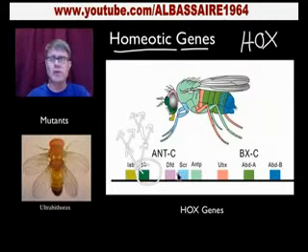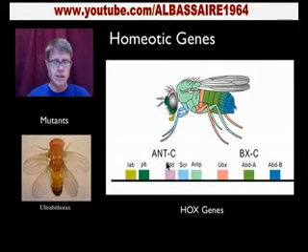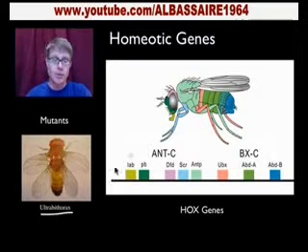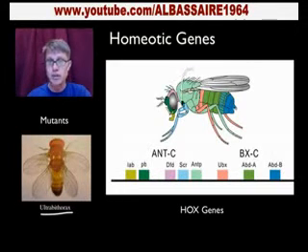And so where did we learn about homeotic genes? Well, we learned about them from mutants. And so there is a mutation called the ultra-bithorax. Remember, a head, thorax, and abdomen of a fly or an insect. What the ultra-bithorax gene does is it actually causes a duplication of this thorax.